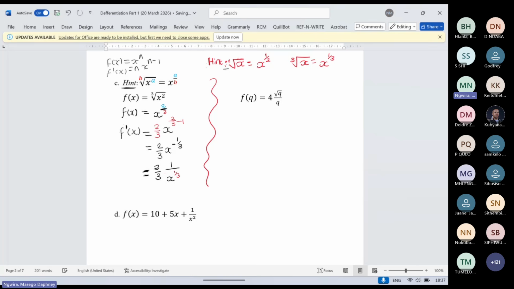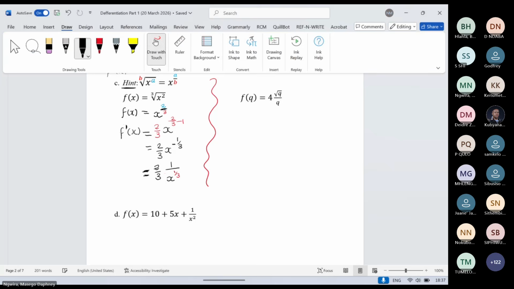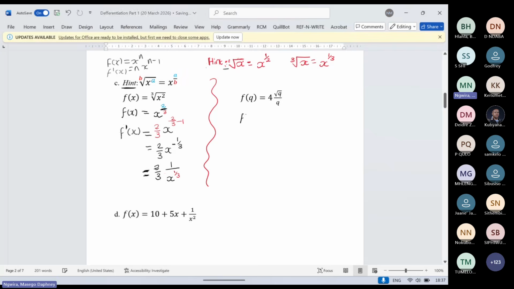So now we want to differentiate. You cannot differentiate if you don't have x to the power of something. We need powers because it's a power rule. So this is going to be f of q. I'm changing. This is just 4. I'm not going to touch this 4. I want to change this root.